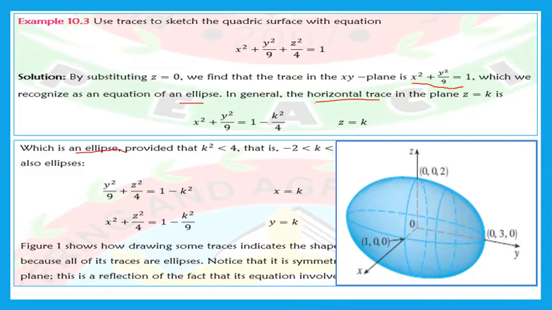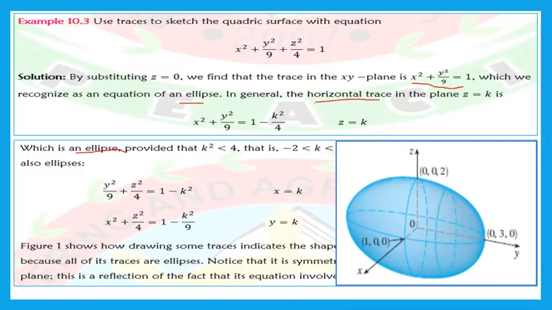Ibig sabihin nun, para makagraph ka, observe nyo yung x-intercept, y-intercept, at z-intercept. Para sa z-intercept, i-let nyo na 0 si x and y, so z squared over 4 equals 1.